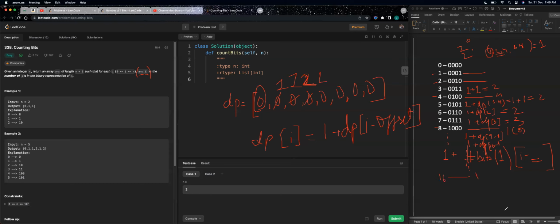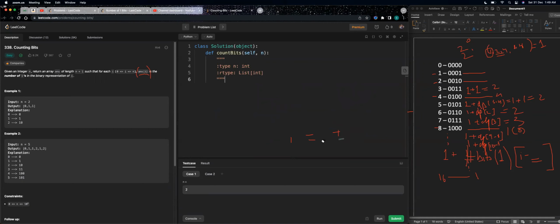So let's look into the coding of the given problem. The first thing we need to maintain is our answer. That's just the dp array that we discussed, as the question asks us to provide an array answer.